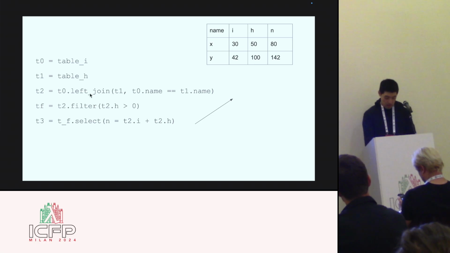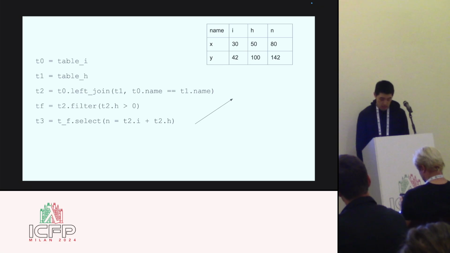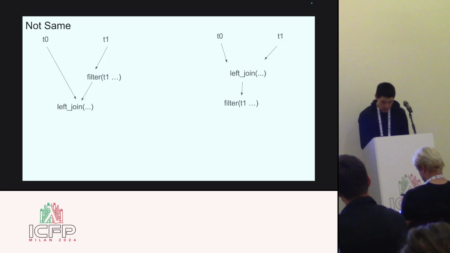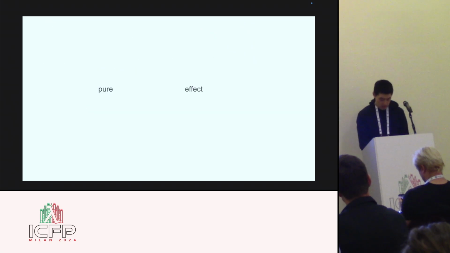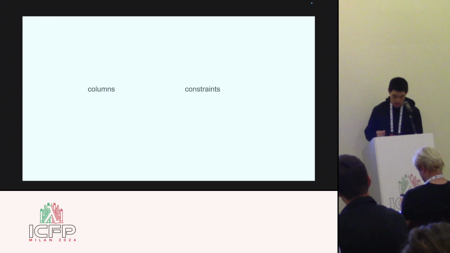Like here, if you look at T3, it's providing 3 columns, I, H, and N. And also, the effect part is kind of the data range. Like, if you look at this TF, this filter here, it's doing something implicit, like a side effect, right? So basically, the normal form contains 2 parts, the columns and the constraints.